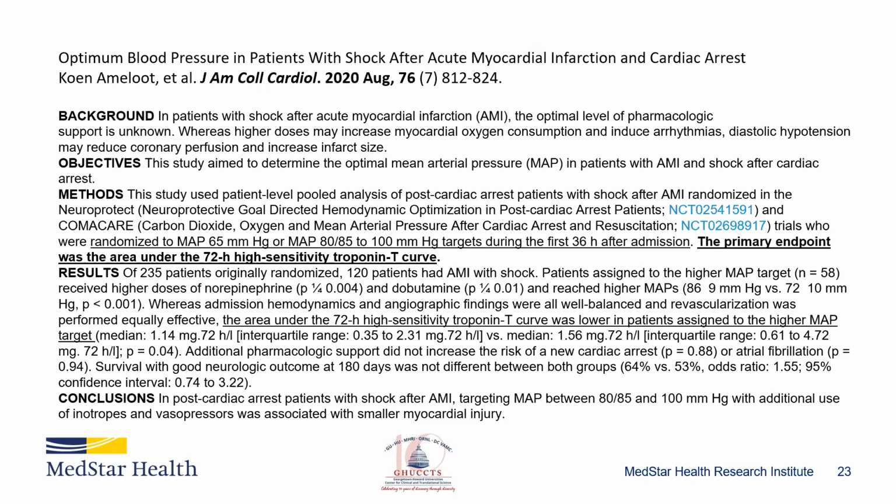But their primary endpoint here was the area under the curve of two different groups. And so they randomized patients to a higher MAP target that had 58 patients in them, and then a higher target that had 86 patients, I believe, in them.